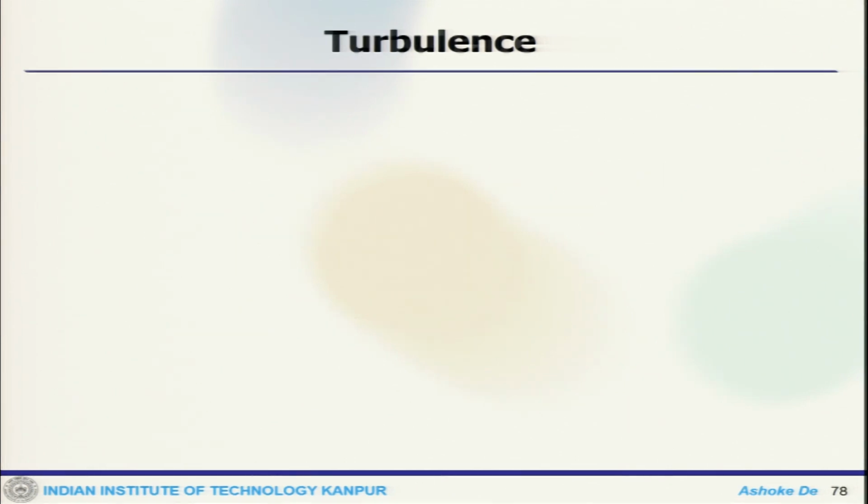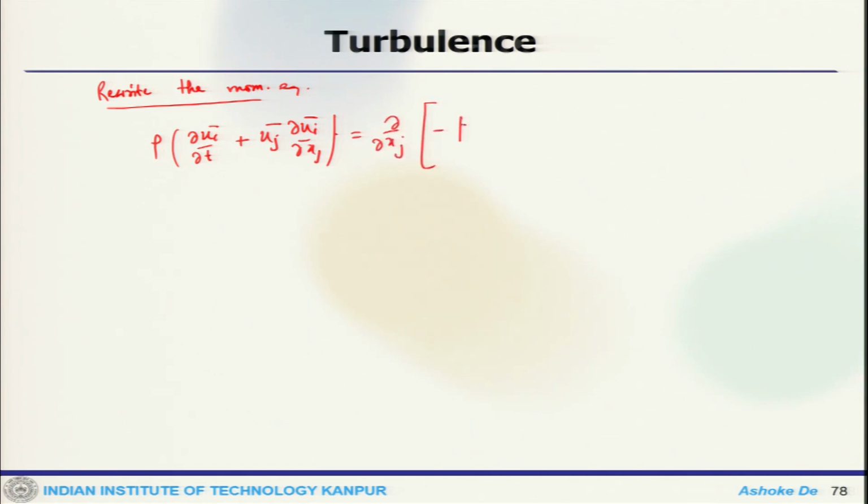Now, we can rewrite the momentum equation. If we rewrite the momentum equation, what we get is rho times the material derivative of ui bar, del ui bar by del t plus uj bar del ui bar by del xj, equals del by del xj of minus p delta ij plus mu (del ui bar by del xj plus del uj bar by del xi), and the last component is minus rho ui prime uj prime bar.